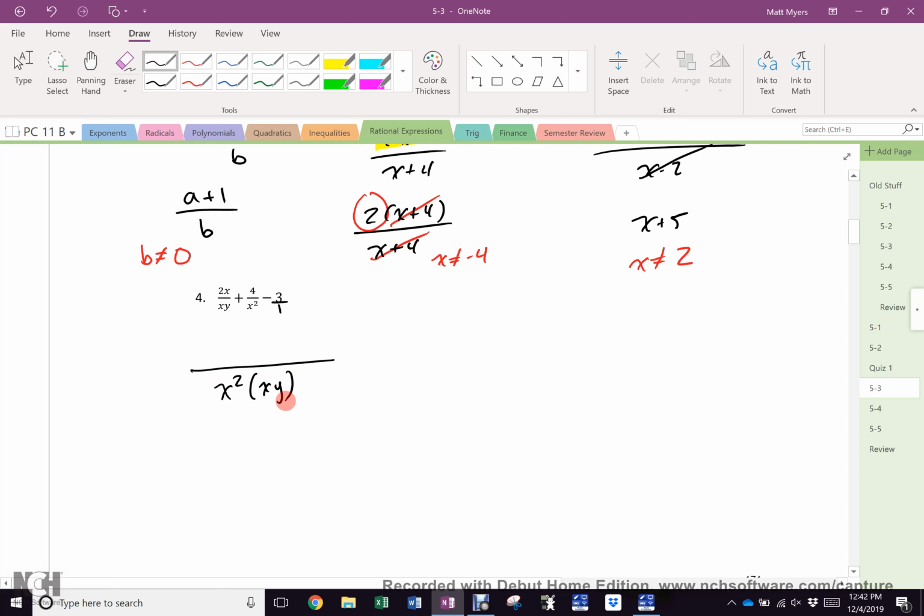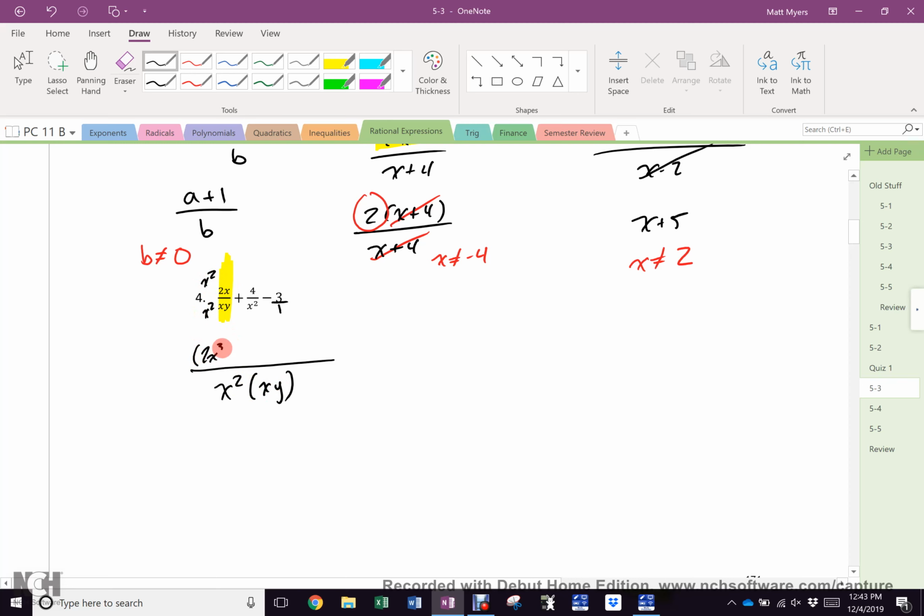Agreed? Okay. We don't want to expand, and you'll see why in a minute. What part of the denominator is missing from that term? x squared. So what does this need to multiply by to get this? x squared. So what does this need to multiply by? x squared.